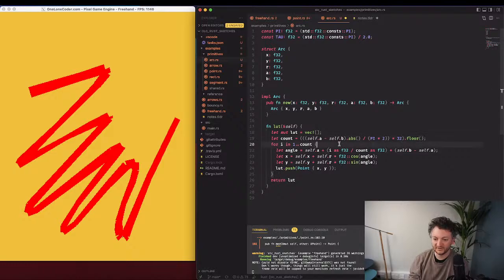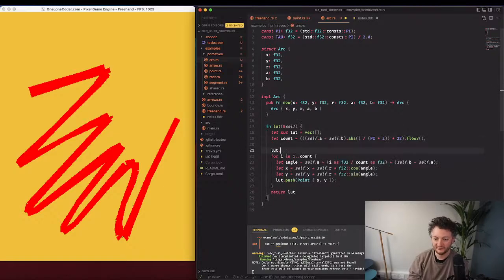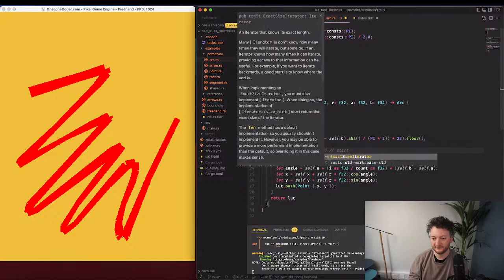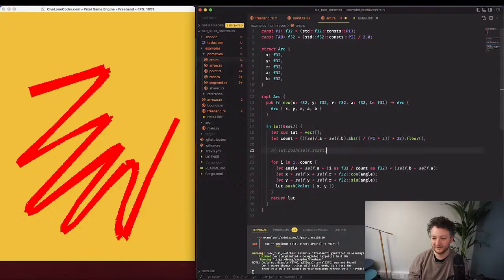I'm going to start from 1, and then I'm always going to push the start, and then the end at the end, so that it always starts and ends at the end.